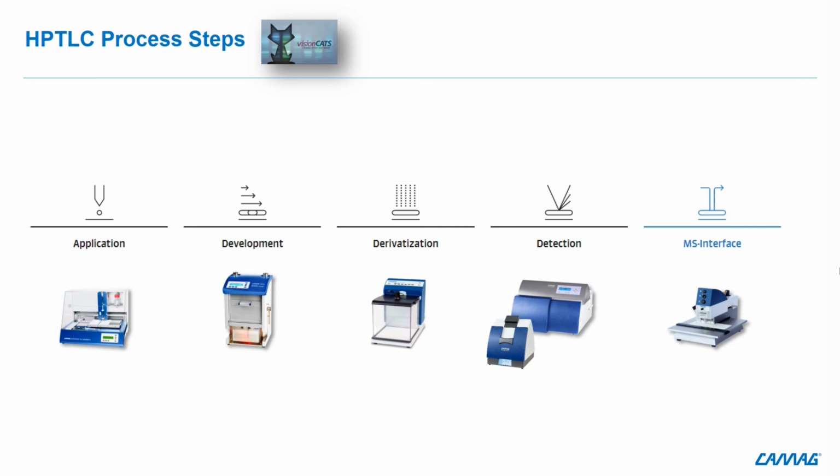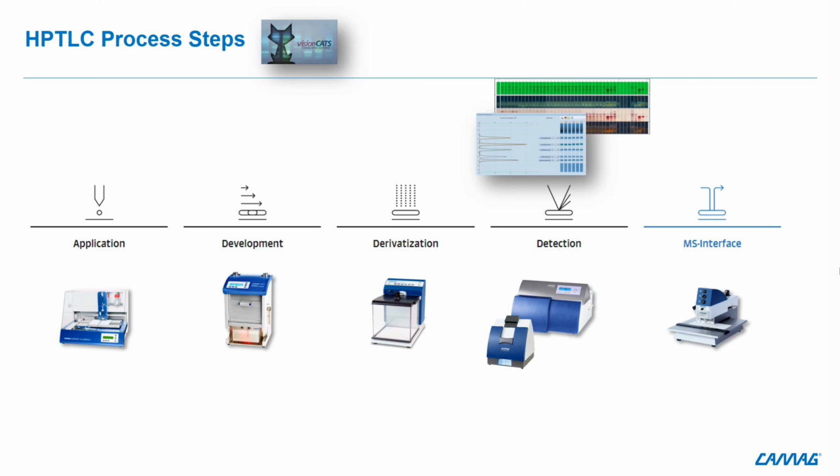In the derivatization step, the derivatization reagent is sprayed as a fine mist of microdroplets into a chamber and allowed to settle onto the plate. This guarantees a homogeneous application of the derivatization reagent. The process requires significantly less reagent than other alternative derivatization methods, and it is safer in handling for the user.